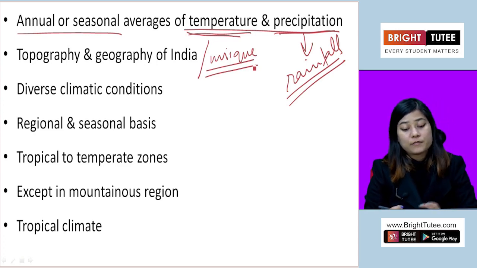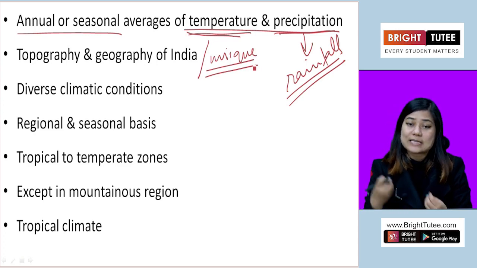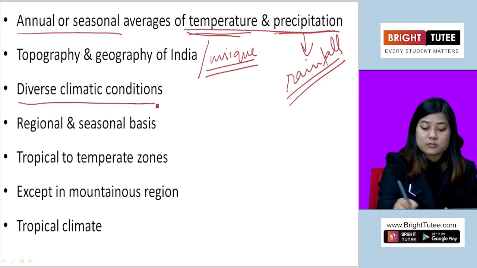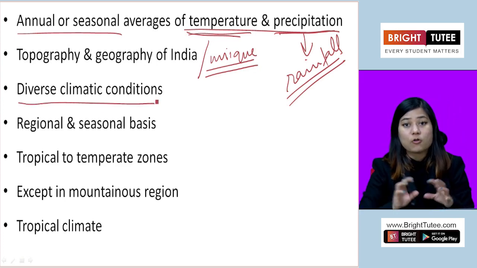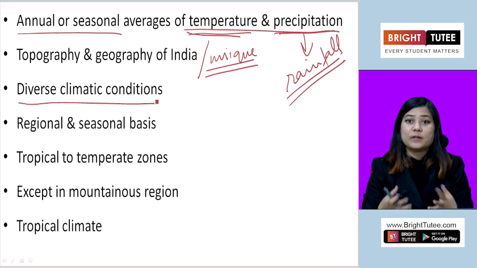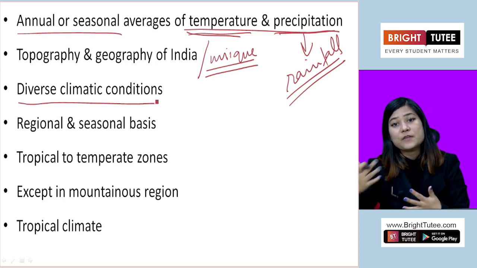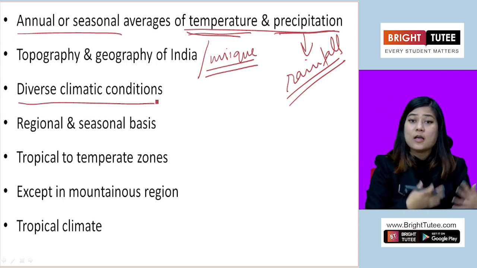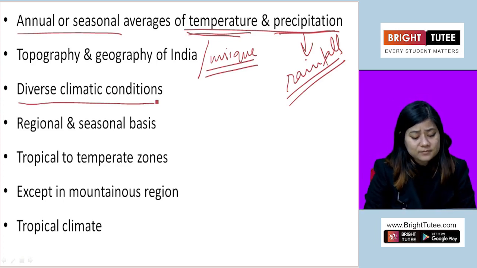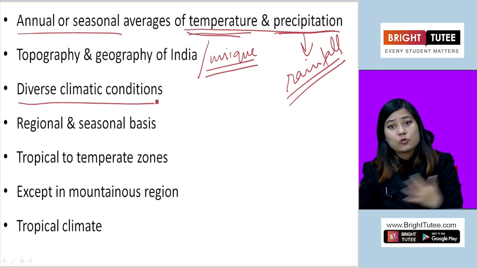Because the topography and geography are very diverse, the climatic conditions also become diverse. They vary from one another. For example, the Great Himalayan Range will have different climatic conditions than the Thar Desert or the Great Indian Desert. In a similar manner, the northern plains will have different conditions than the coastal plains.